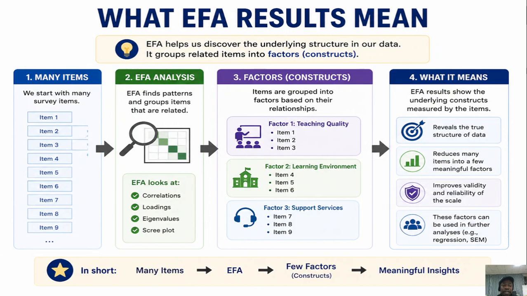And then what EFA results mean in research. With many items, exploratory factor analysis is applied to find patterns and relationships, and then we put items with high relationships into a particular construct or under a particular factor, and then we make a decision based on that. It reduces redundancy, reducing many items into a few meaningful factors.